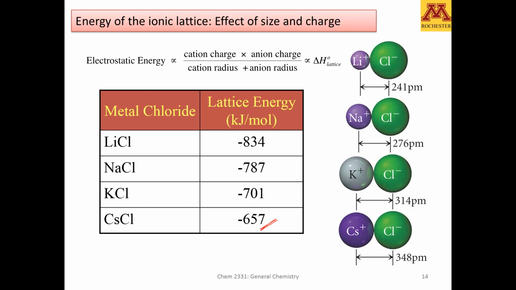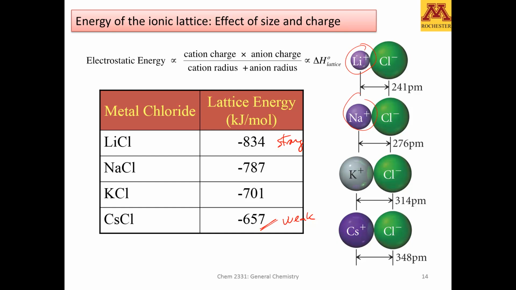The larger the atom is, in this case cesium chloride, the smaller, or I should say, the more positive the energy is. That is a weak bond, and this will be a strong bond. So this model correlates with the size of the cation. Hopefully that makes some sense.